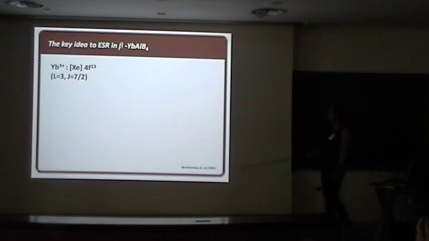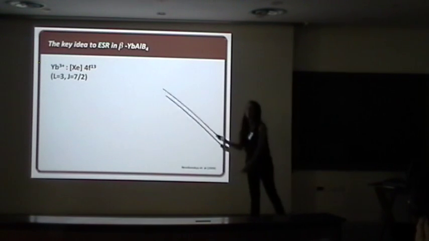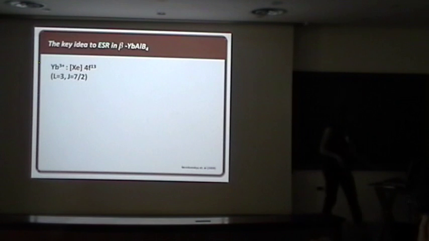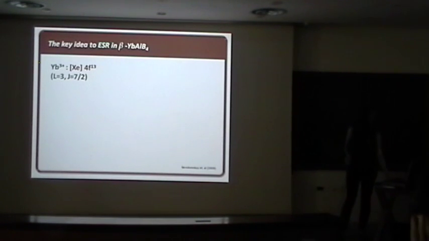Okay, so let's look more carefully at this ytterbium and what the electrons are doing. As I said, we have 4f electrons, so my angular momentum is 3, and it's more than half filled, so my total angular momentum is 7 halves.